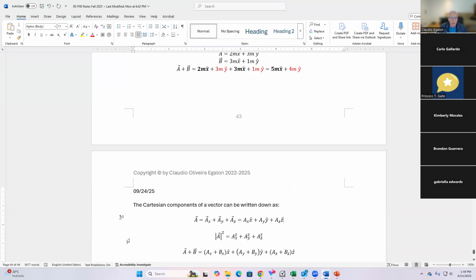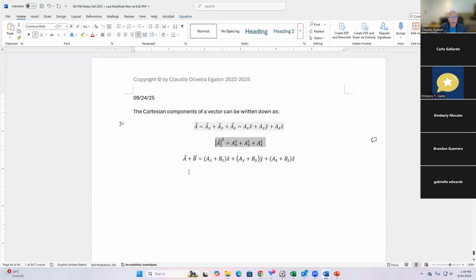And by the same token, I can also do something like that, right? The square of the magnitude of the A plus B vector is going to be given by the square of this one, the square of this one, and the square of this one.